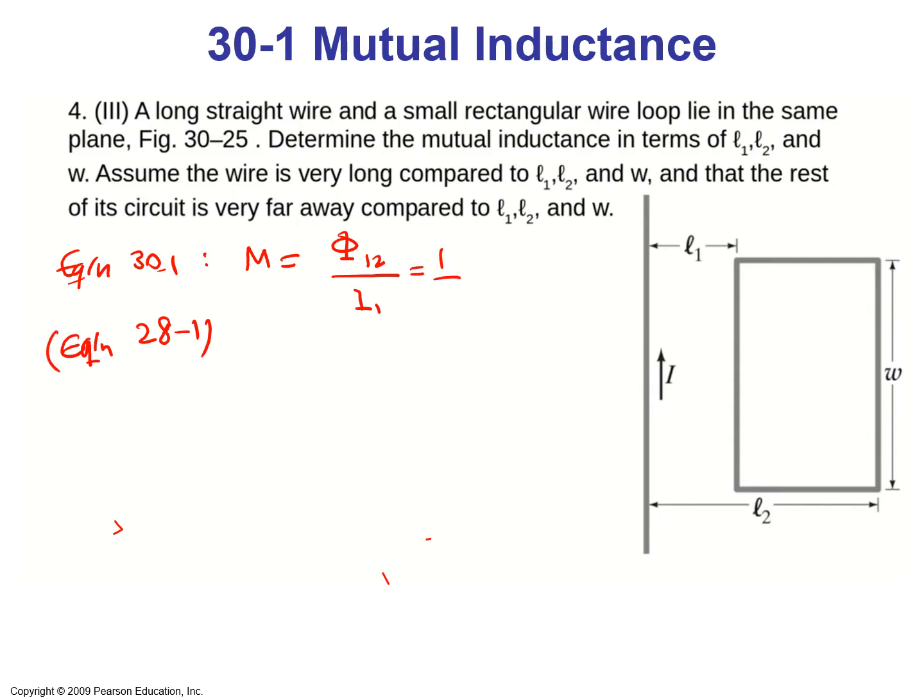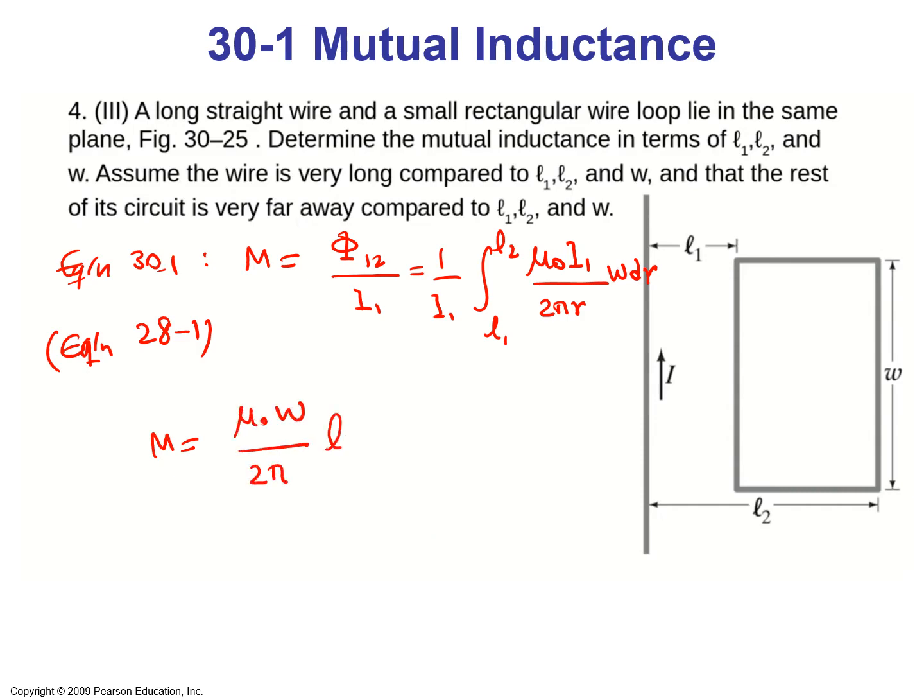That is given by the integral from L1 to L2 of mu naught I1 over 2 pi r times W dr, which is the area, dA. And that can be simplified as M equals mu naught W over 2 pi times the natural log of L2 over L1.